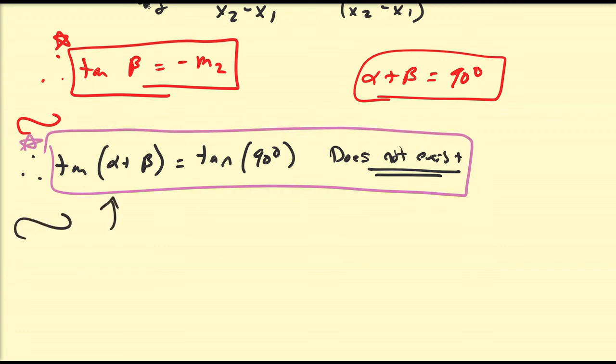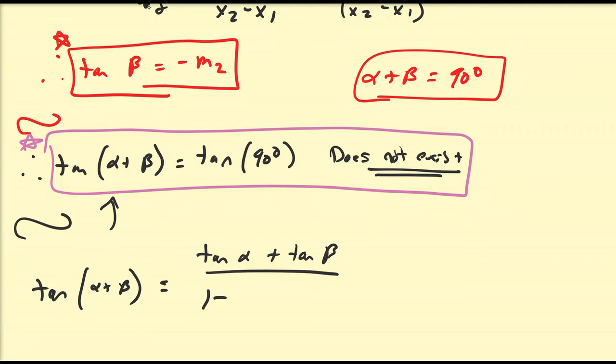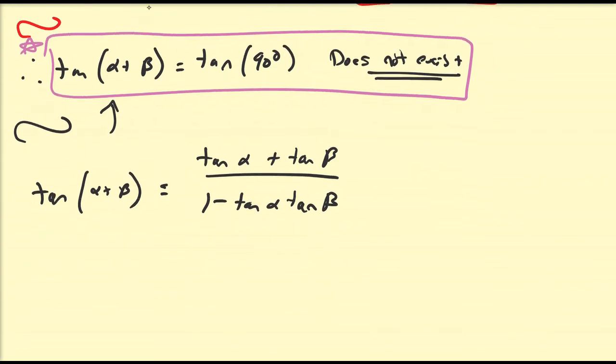Alright, now let's look at the sum identity for tangent as well. The tangent of alpha plus beta, in case you're familiar with it, is tangent of alpha plus tangent of beta, all divided by 1 minus tangent alpha tangent beta. Now I'm going to replace tangent alpha with m1 and tangent beta with negative m2.